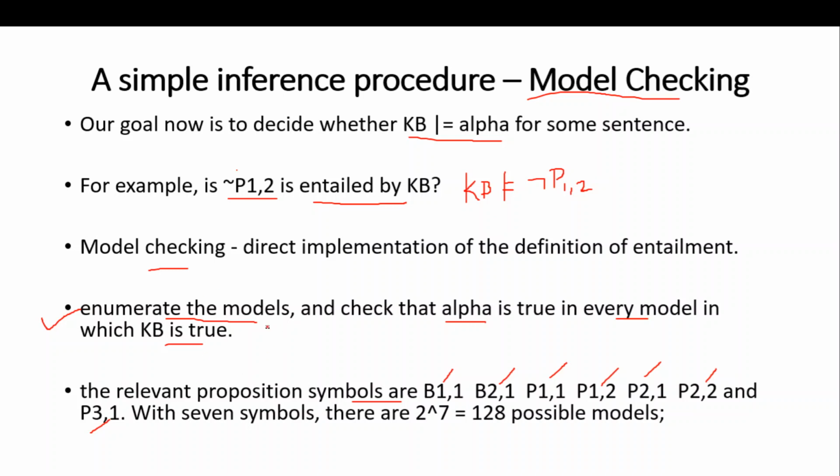So there are 7 symbols here. With 7 symbols, we have 2 to the power 7, that is 128 possible models.